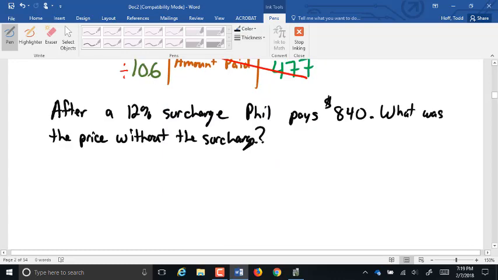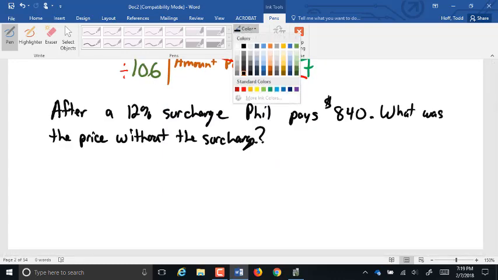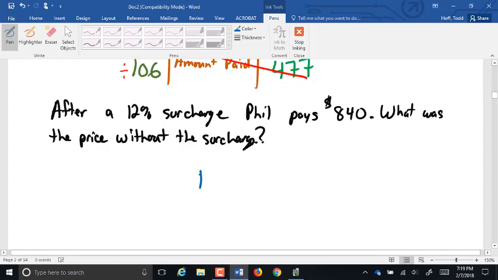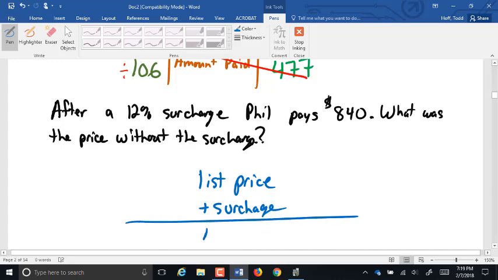So here again, we have the full price or the list price, whatever you want to call it. I'm going to call it list price. You can call it the price before the surcharge or just price before or whatever. To that, we are adding that surcharge, that fee. And of course, that gives us the amount paid.